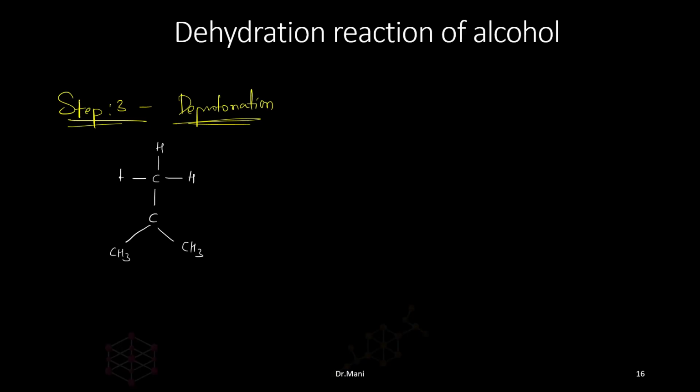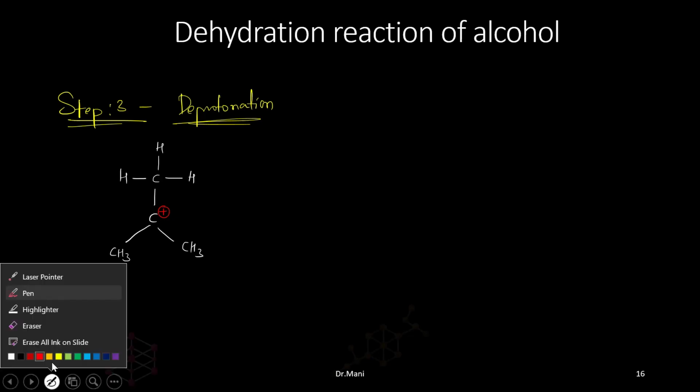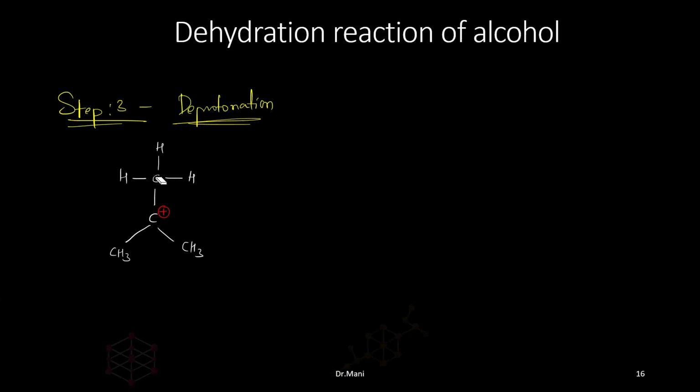So if you see here, there are three CH3 groups, one, two, and three. This structure I elongated. This carbon contains the positive charge. And the bond present here between the carbon and hydrogen will break. So how will this bond break? Because of the water molecule.